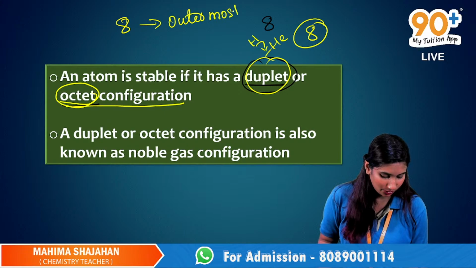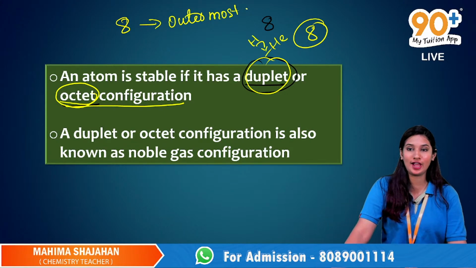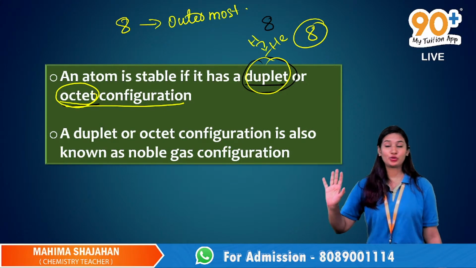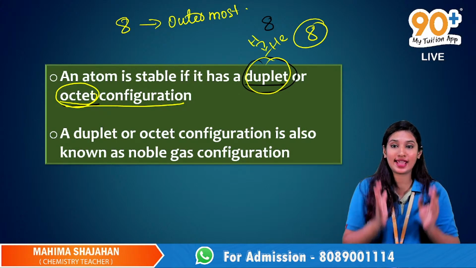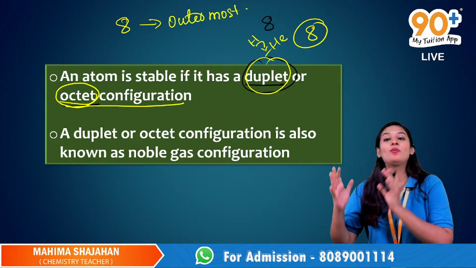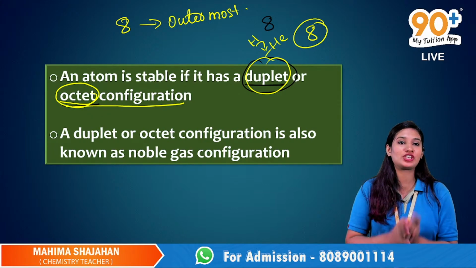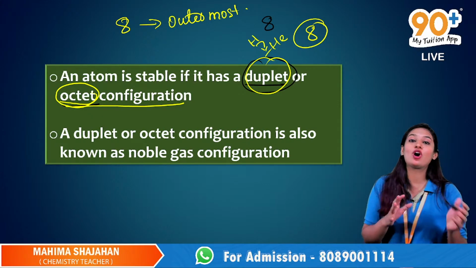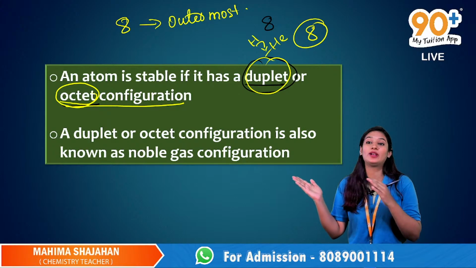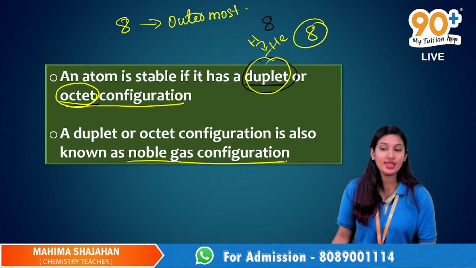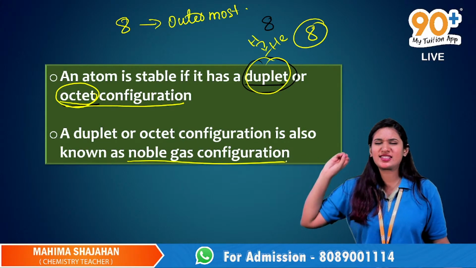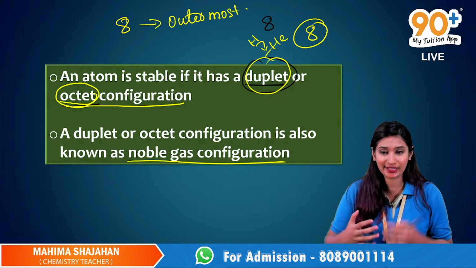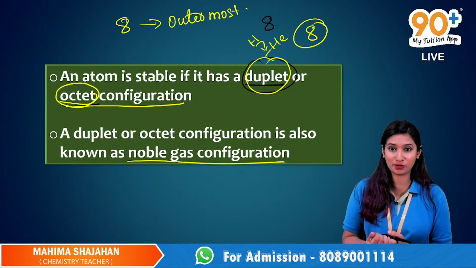Okay, outermost shell. Now we said that group 18 is known as noble gases, right? Noble gases. So since it is a configuration like that of the noble gases, we call these configurations noble gas configuration. Okay, so the rest of them, somehow they are participating in the reaction to what?